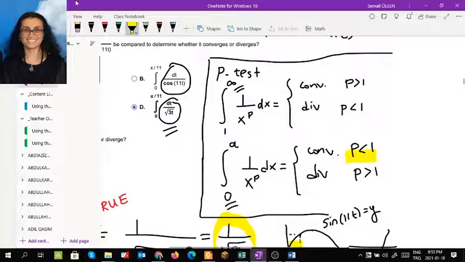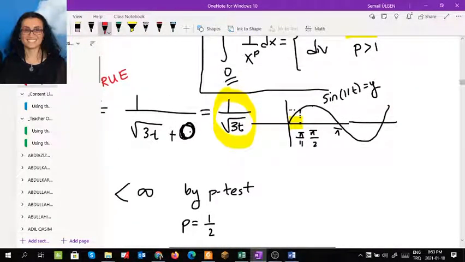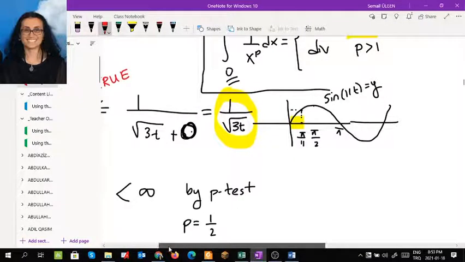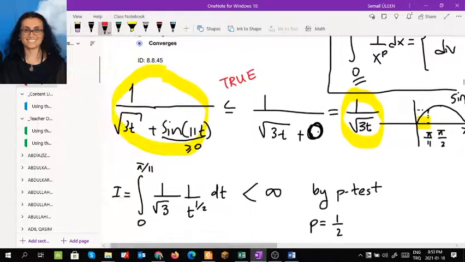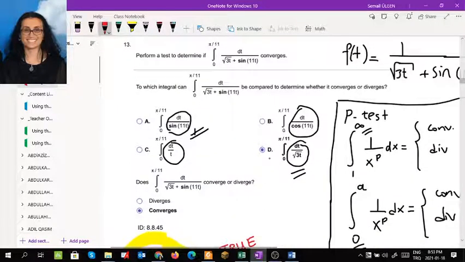In our case p is equal to 1 over 2, which is definitely less than 1. So it's convergent, and it's the best that we compare this with. The answer is D because of that. This is the answer.